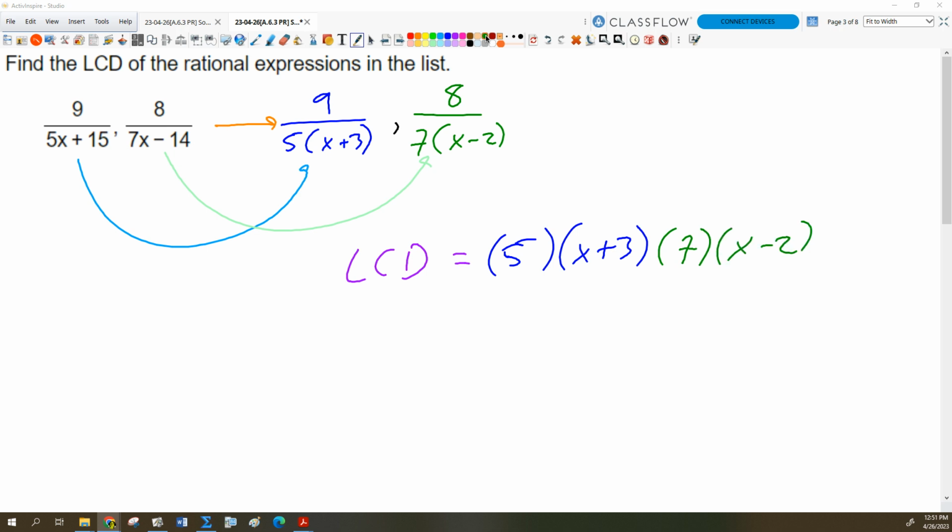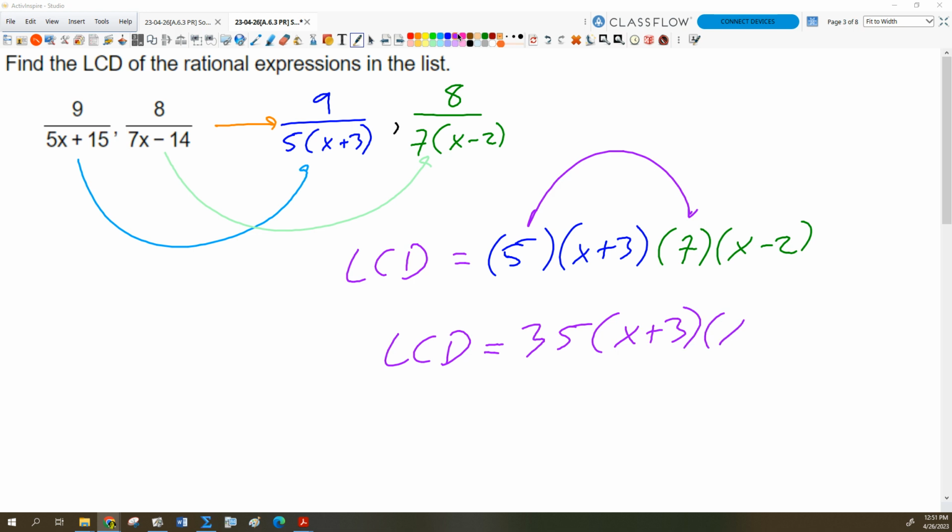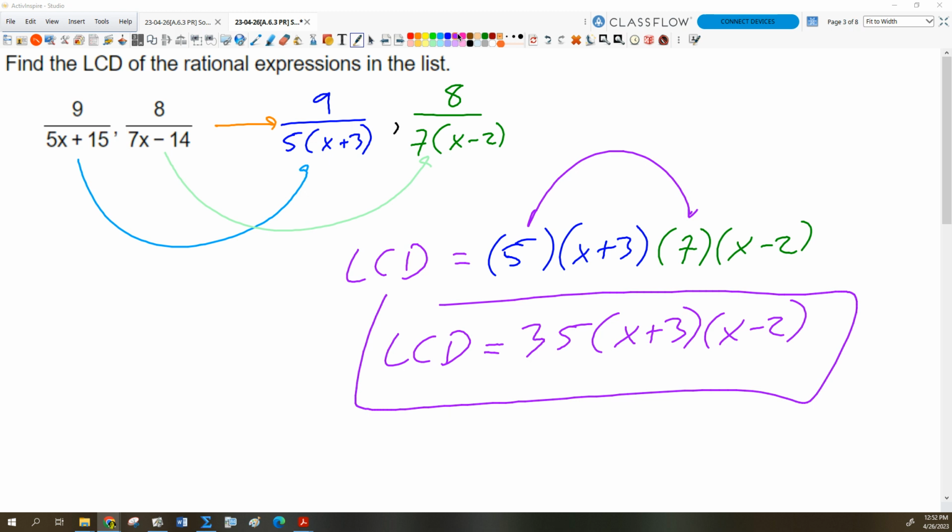Okay, so all those have to be included. So what can we do here? Well, at least we could multiply the numbers together, right? So we just get 35 times x plus 3 times x minus 2. That's our least common denominator. That's the answer. For this problem, we're just trying to find the least common denominator.